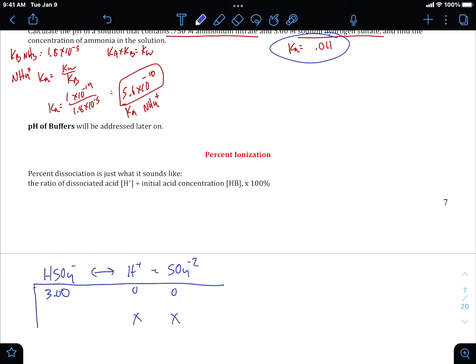And this step is fairly straightforward. All right, I am not going to ignore the subtraction of x in this case. I'm going to leave it in.